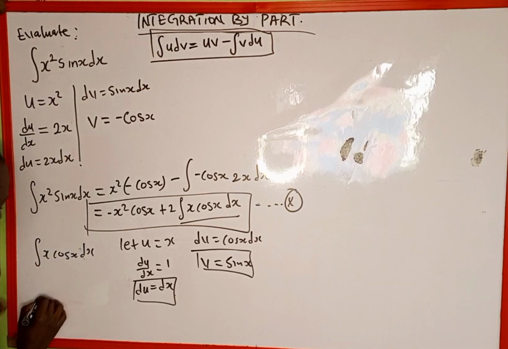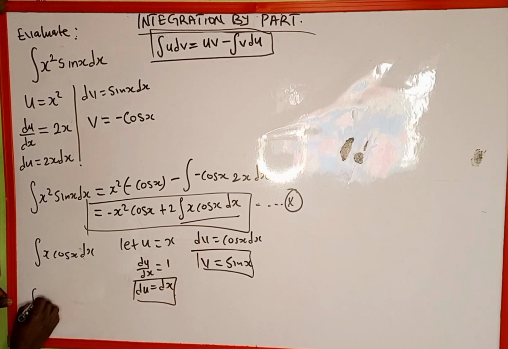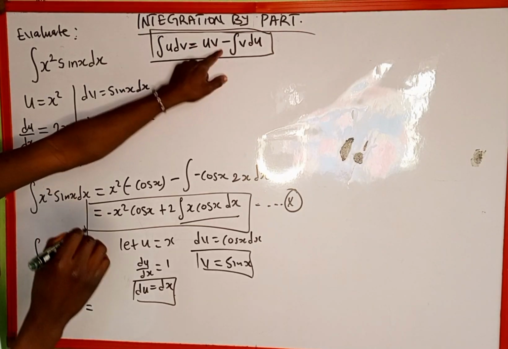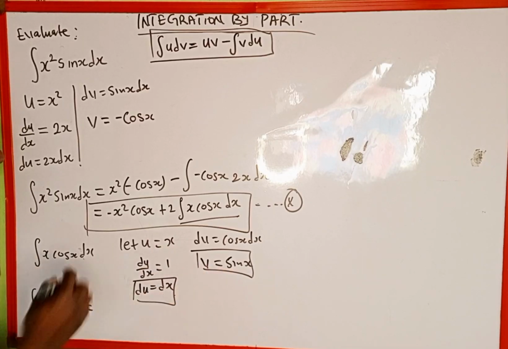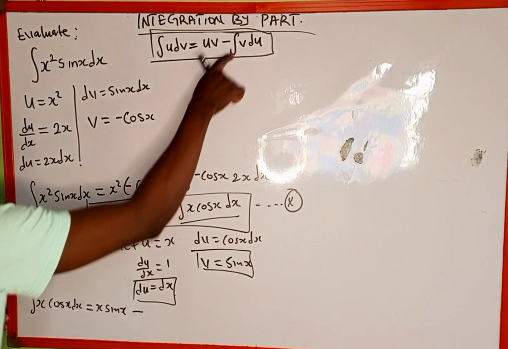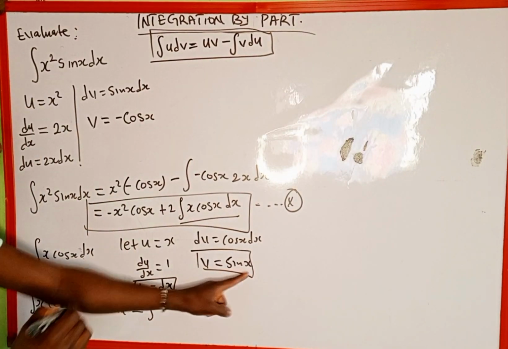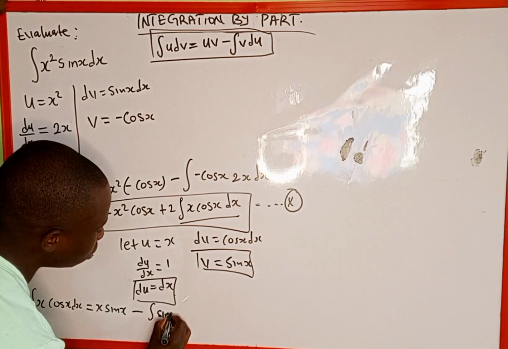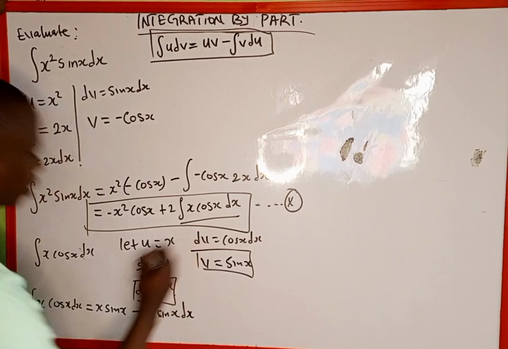We are going to have the integral of u dv is going to be what? x multiplied by cosine x dx, which is going to be equal to u multiplied by v. u is x, multiplied by v gives us x sine x, then minus the integral of v du. Our v is sine x. We have minus the integral of sine x, then du is the same as dx.